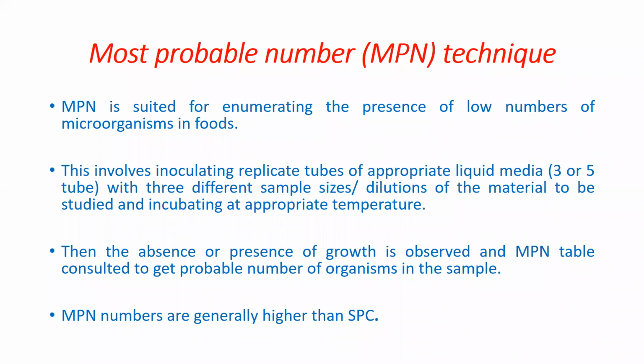If there is growth, the media will be very turbid. Accordingly, you count how many tubes show a positive result, and then refer to the MPN table.